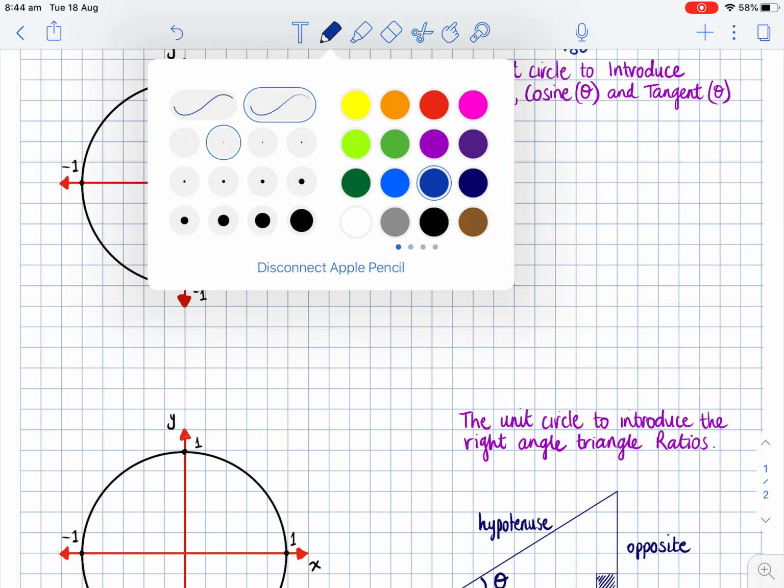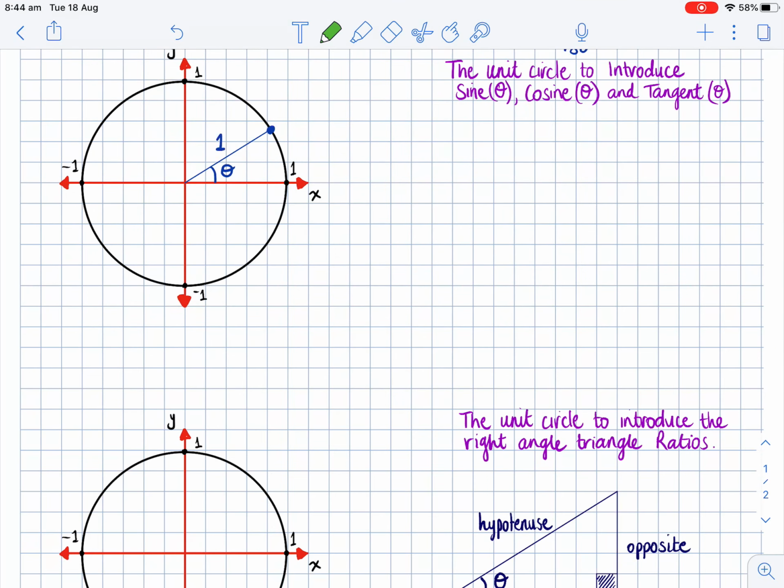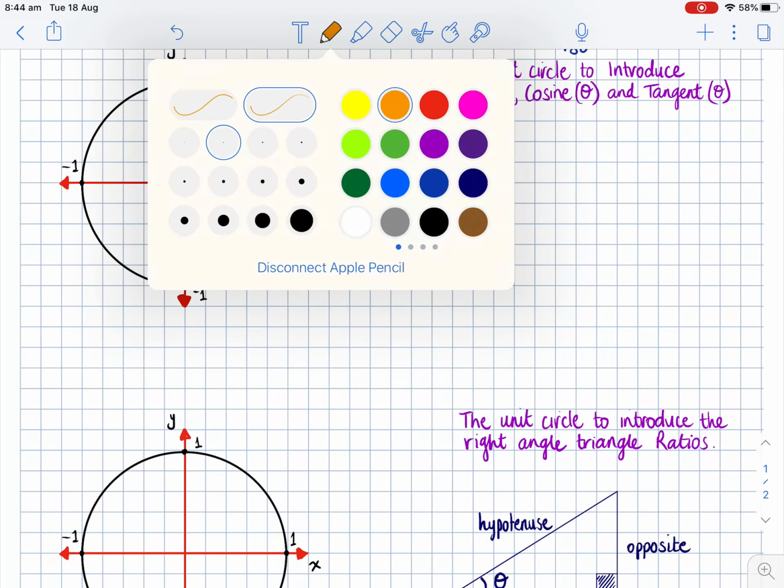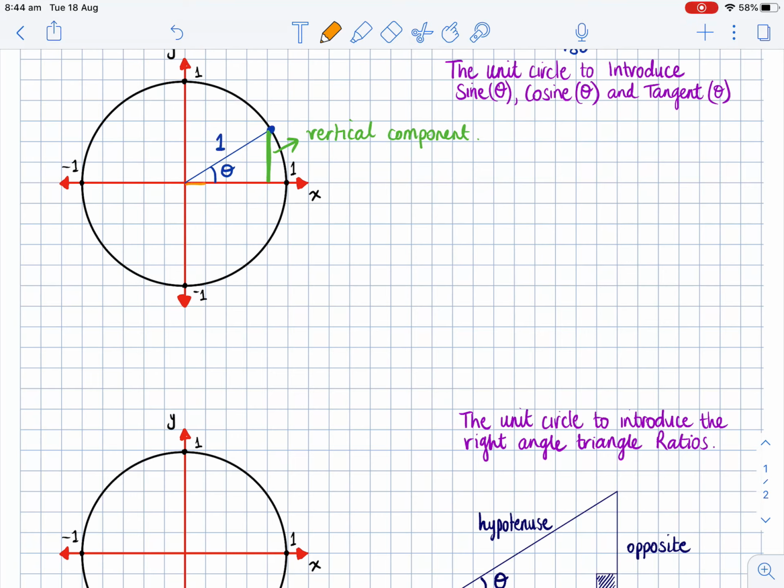Let's give them a different colour each. Let's use the vertical part, call it green. Really simply, we've got the vertical component. And then a different colour, let's use orange just because I found orange first. That's my horizontal component.